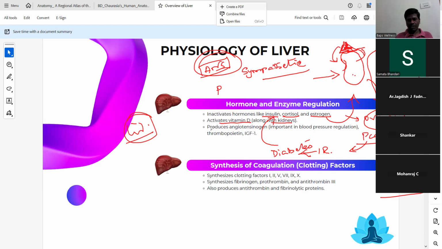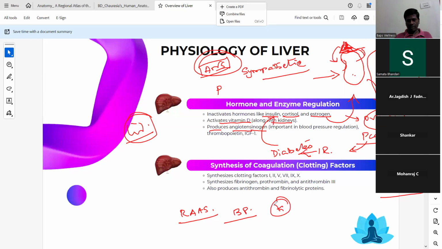And then the liver produces angiotensinogen. It is a long process. Renin, angiotensin, one system is there which controls the BP, involved in the kidney.